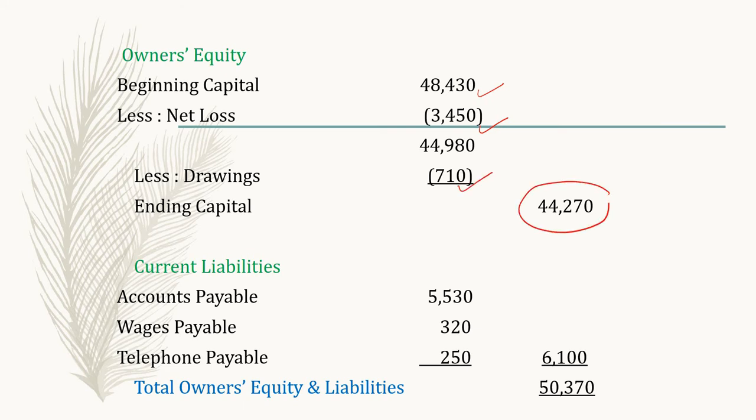So your ending capital is actually 44,270, and then we'll add your current liabilities, so we come down to the same amount as your asset, that is 50,370. So these are the ways to do the solutions for questions using the capital comparison method.